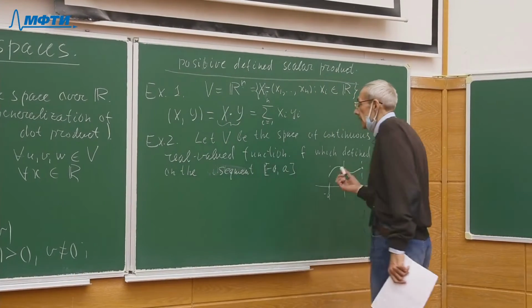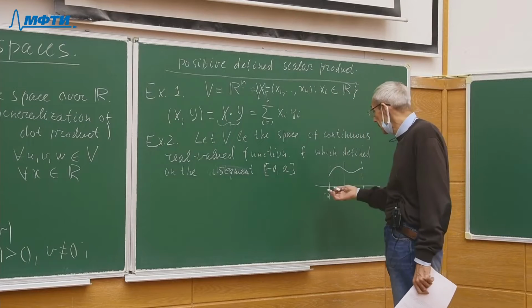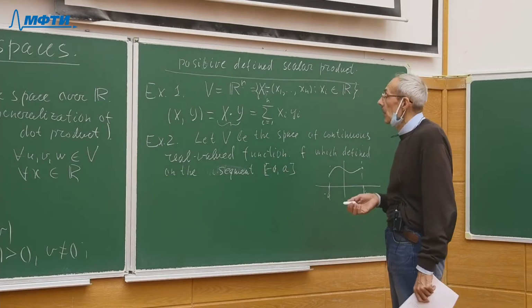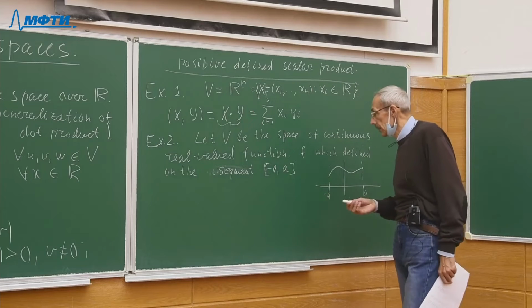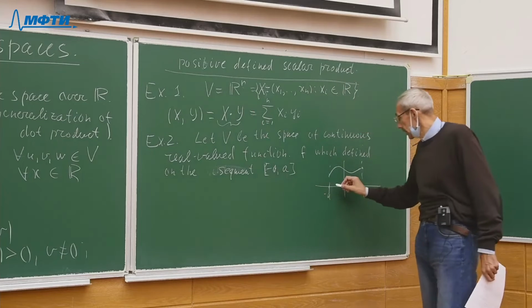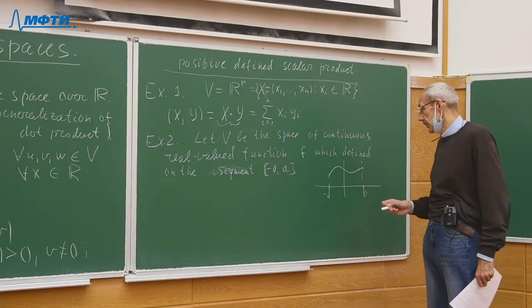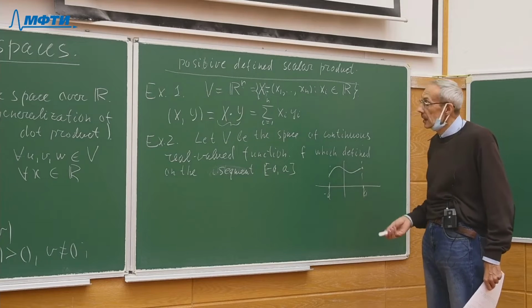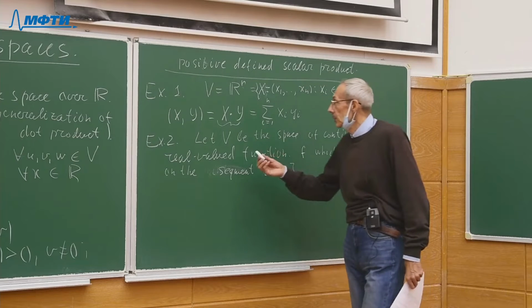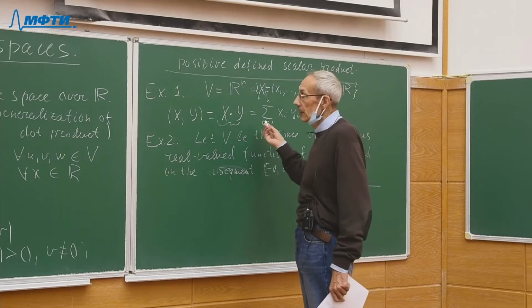We can consider this vector space as a continuous analog of the previous example, because the correspondence between a point of the segment and the value of the function is a natural generalization of the correspondence between coordinates and the values of coordinates.